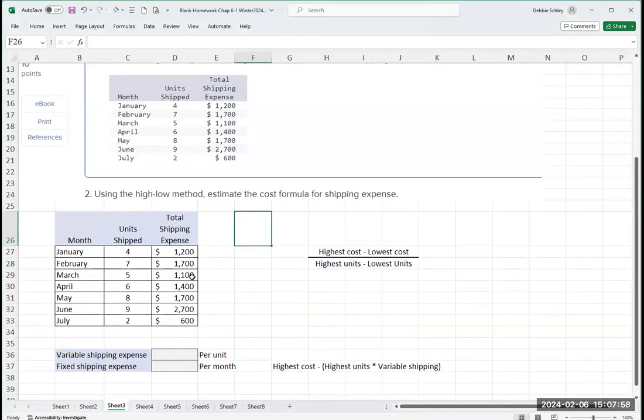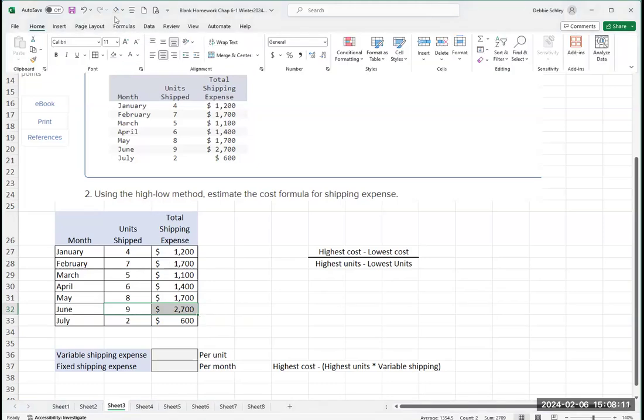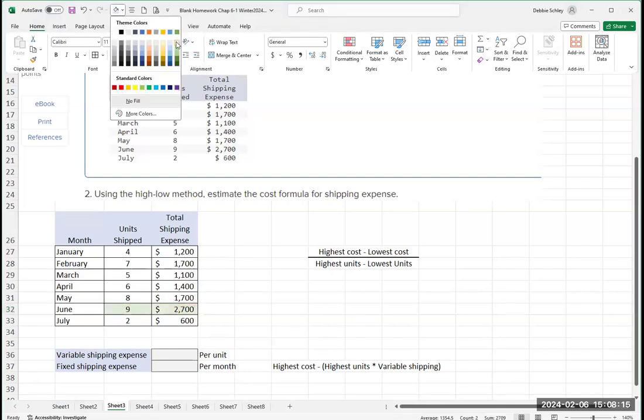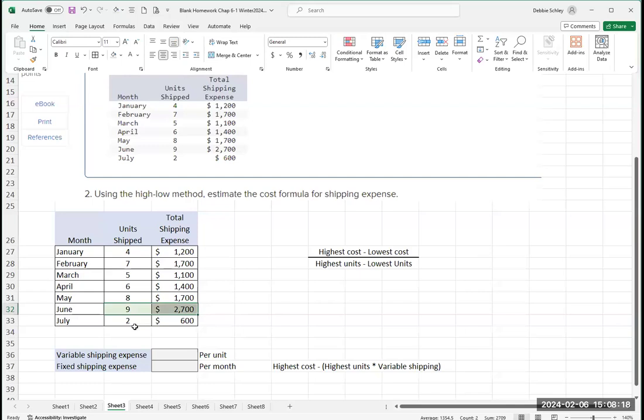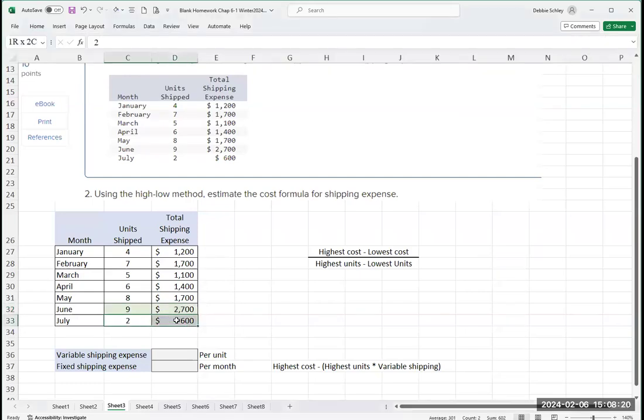So again, I'm going to look here and here's my high, right? There's my highest unit and my highest cost. So I want to just select that. And then my low is right here, 2 units, $600.